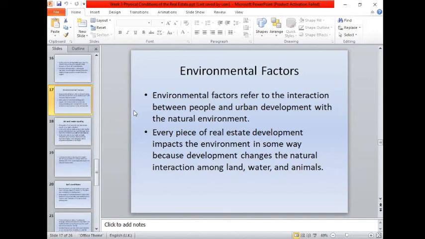That's why every phase of a real estate development impacts the environment in some way, because development changes the natural interaction among the land, water, and animals. An example of that: let's say the land is a jungle or a forest, and someone wants to develop a commercial project there, so you might disturb the habitat of the animals.